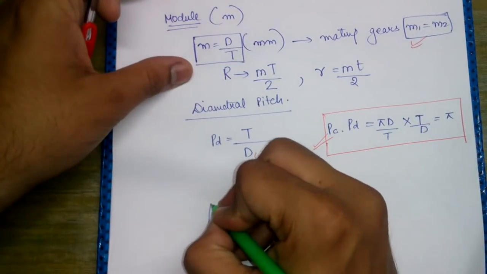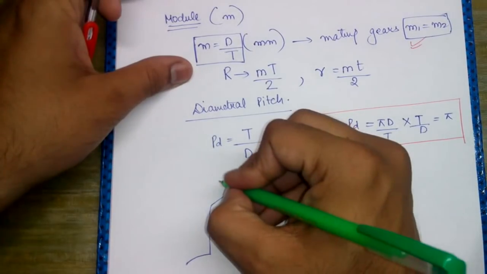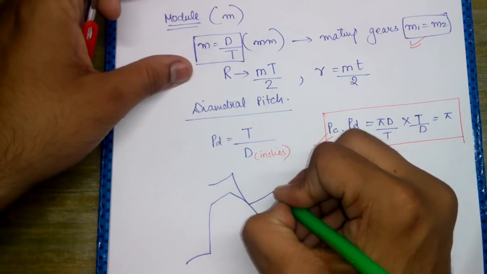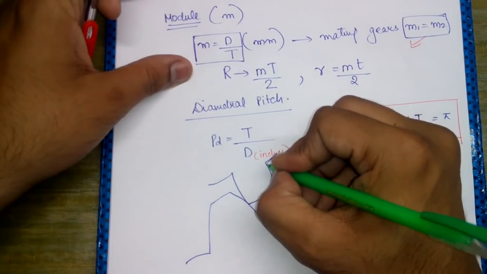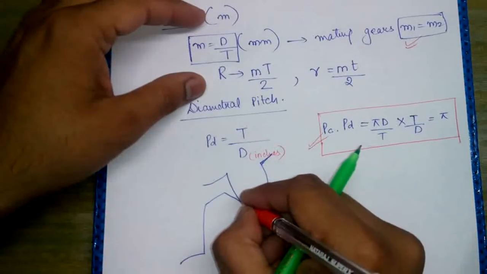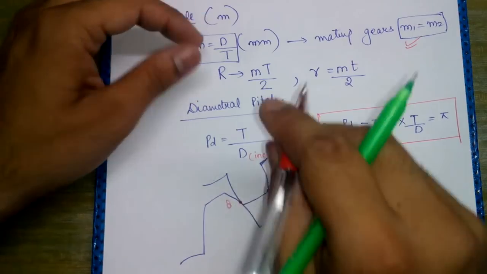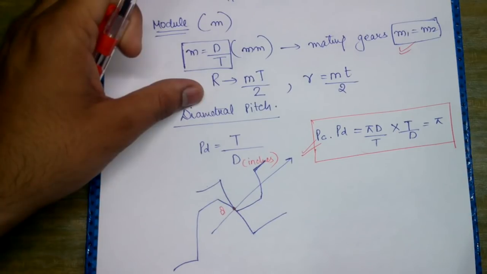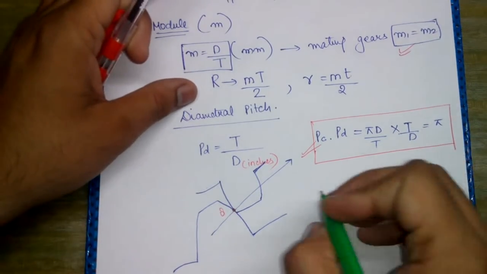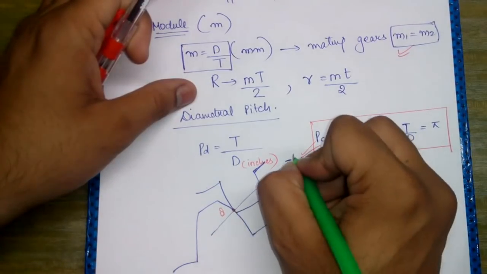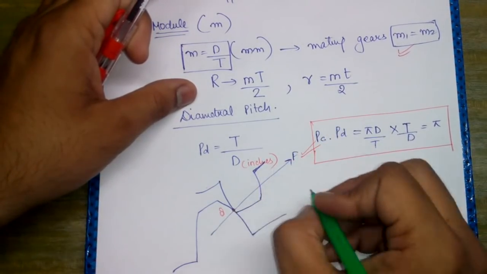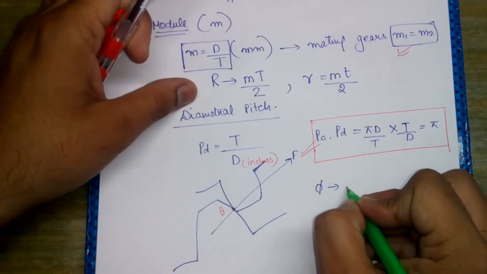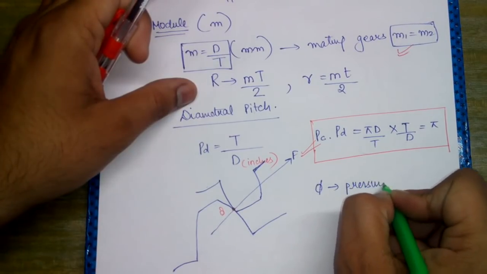Now for example, if this was one tooth, and this is say point Q, and this is the line of action, this is actually the point of contact, and this line is called the common normal at Q, or simply the line of action, and the angle phi that we have defined is called the pressure angle.